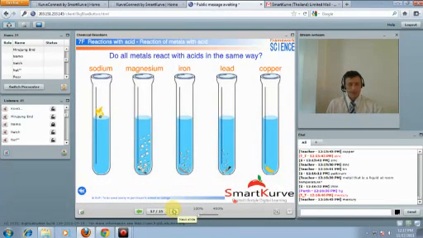All right. Do all metals react with acids the same way? Well, no. We can see that sodium reacts very violently. We see a flame coming off of the sodium, which means that when sodium reacts with an acid, heat is being released. So what type of reaction is it?